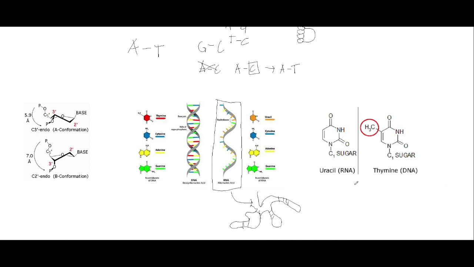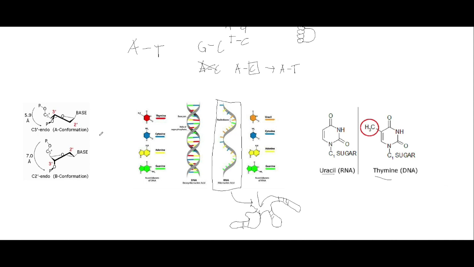And we talked about before that RNA has uracil and DNA has thymine, and that DNA has just a hydrogen on the 2' carbon, while RNA has an oxygen.